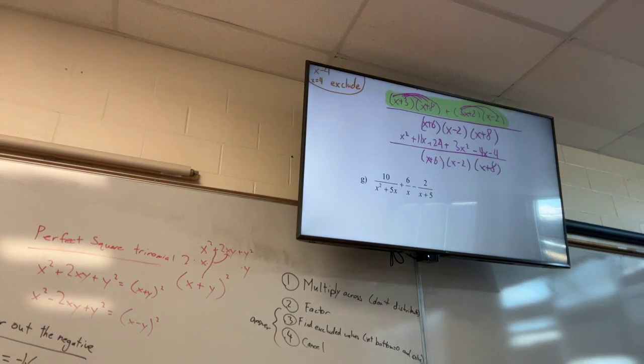Our like terms on top combine to 4x squared plus 7x. What is that? Plus 20?